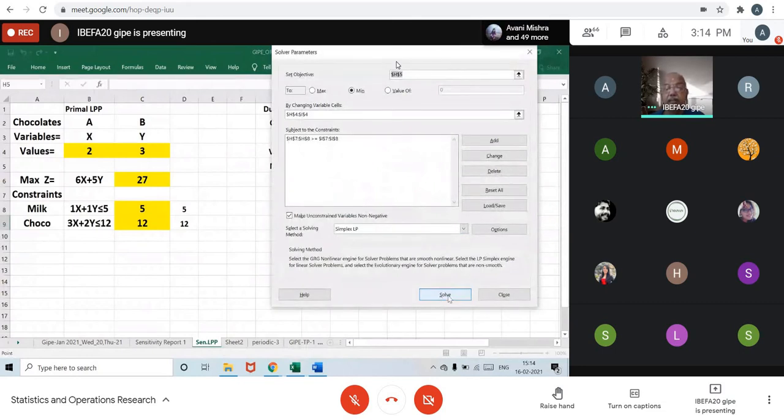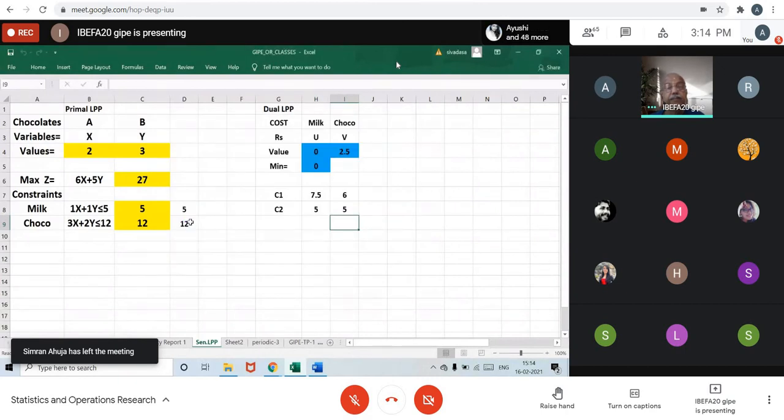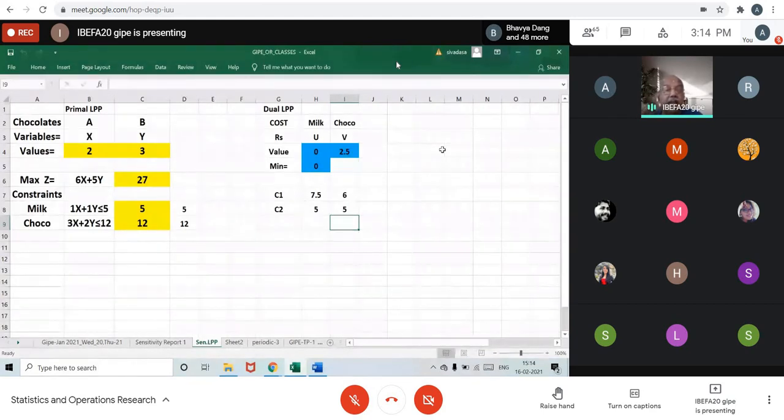Simplex and solve. Tell me, what is the answer I am getting here?